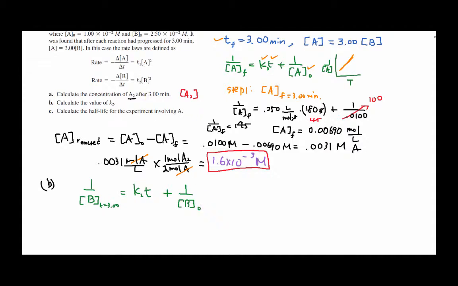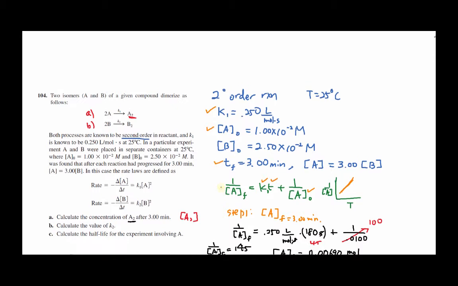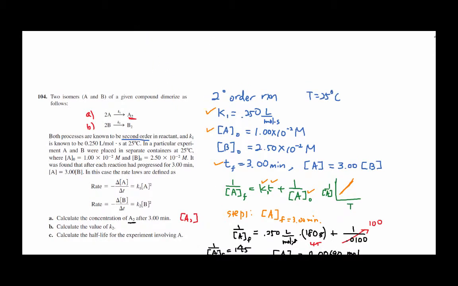Okay, what is given? So we have the initial concentration of B, looking up. So we have this, and we don't have k2. Actually, we are looking for k2. We know t final. Oh, here's another useful one. This is implied at 3 minutes.